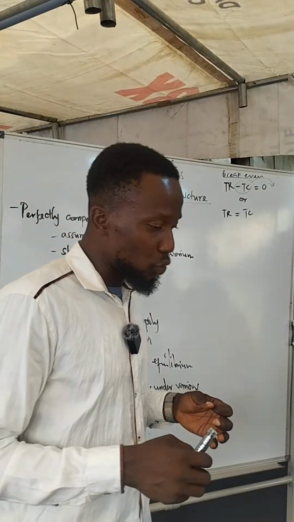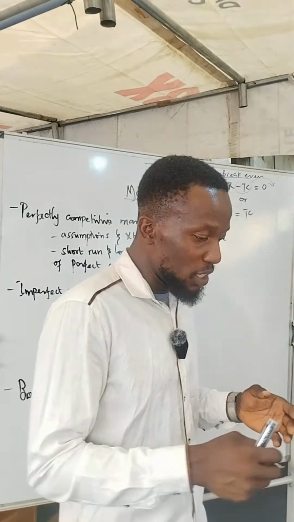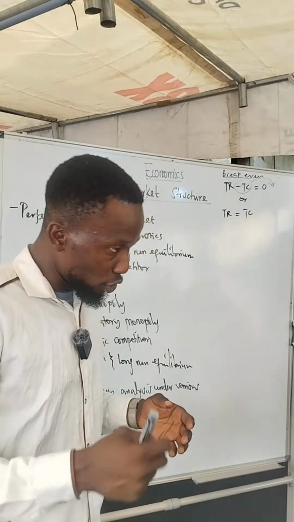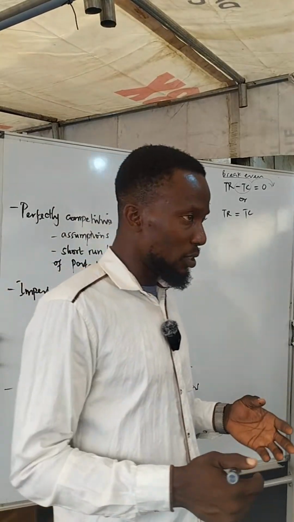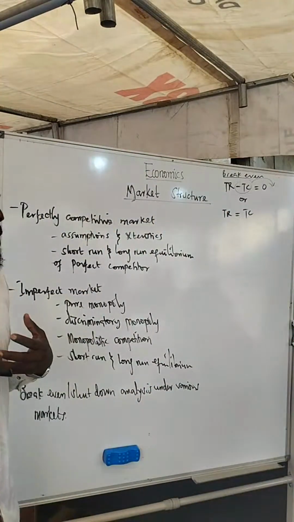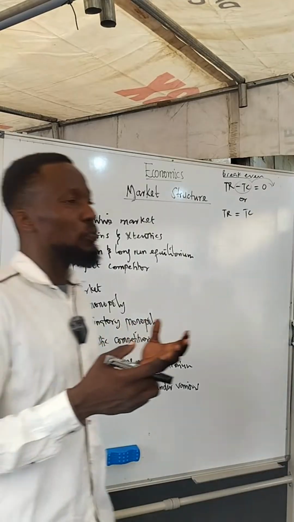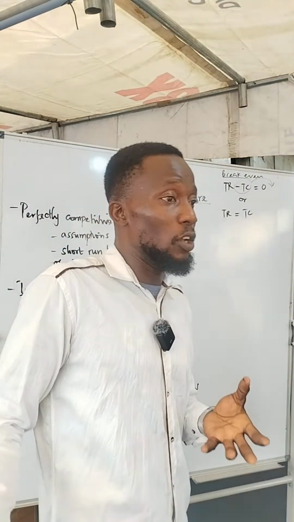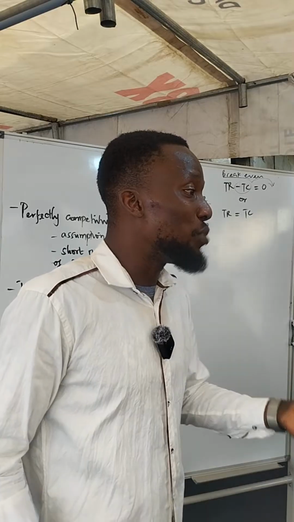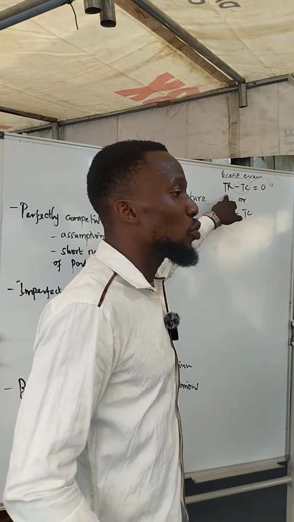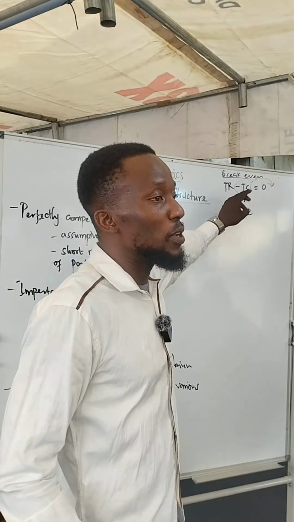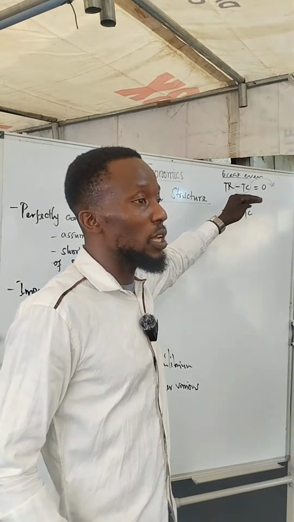Then we have the last one, which is that we should be able to establish the conditions for the break-even or shutdown of firms. This is when this company is not making profit and it is not making loss. At that point, we call it break-even point, because TR is total revenue. Before we come to this place, we ought to have done revenue concept, which I know I have done.